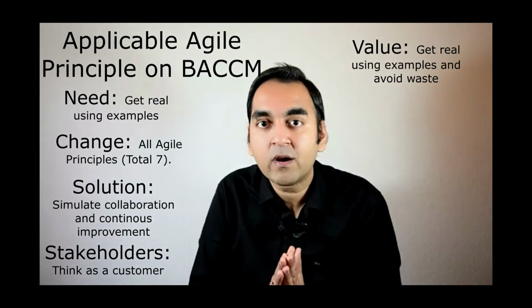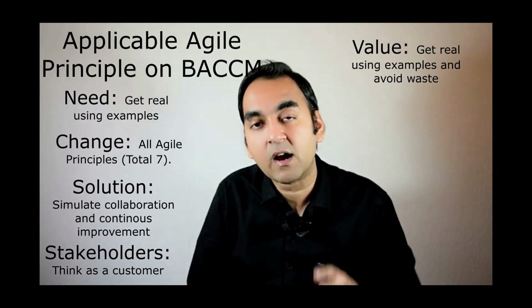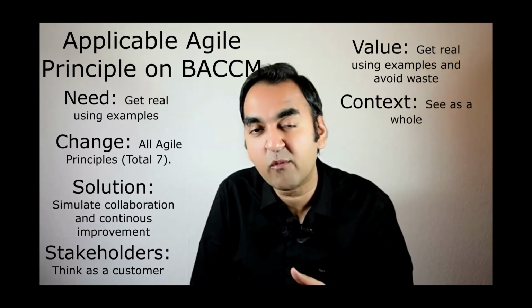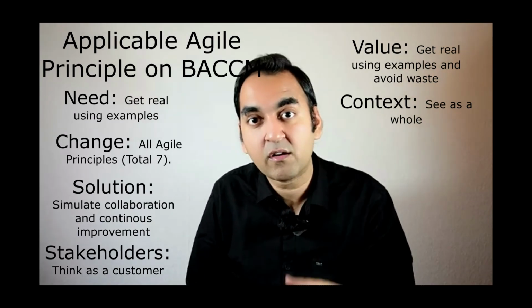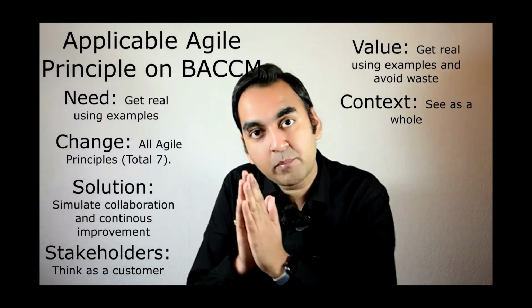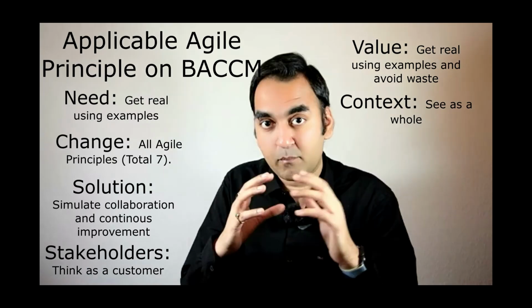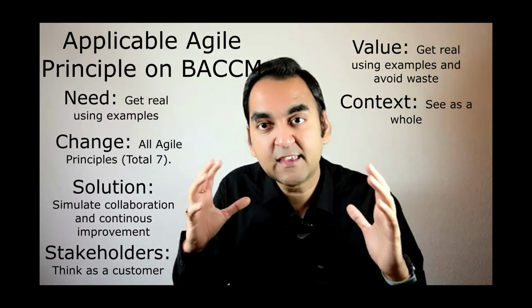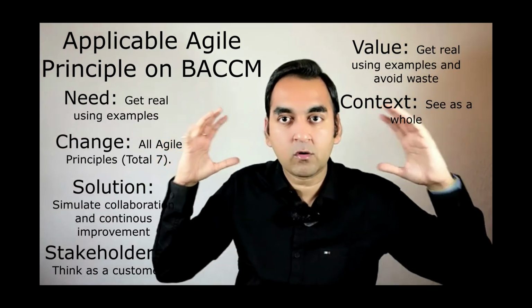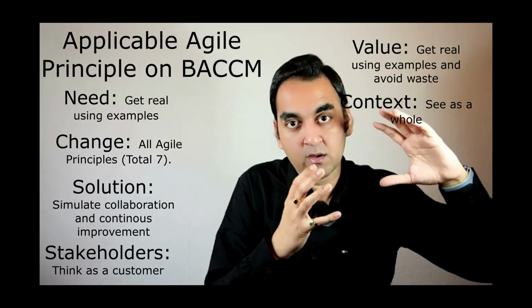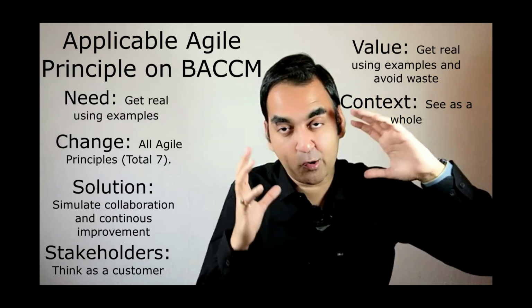And the last one is the context. These are the circumstances in which the solution is being developed or the solution is being influenced. The agile principle that you need to take care of in this particular case is see as a whole. So when you look at everything from the system point of view, that gives you the entire context.